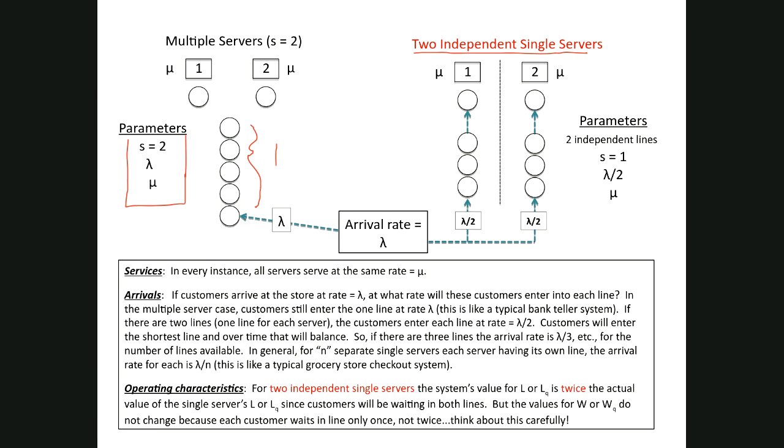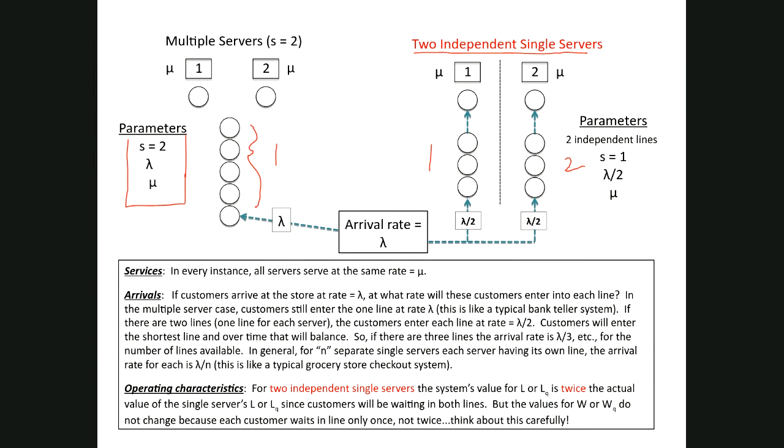Each server has its own line. So in this case, there's line number one and then there's line number two. This is very, very different. This is not a multiple server situation. This is two single servers.